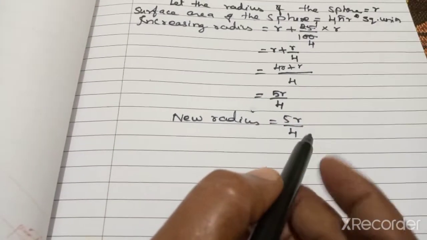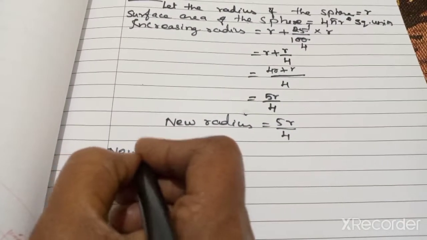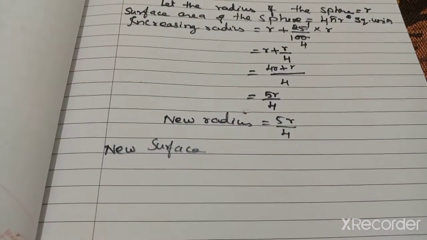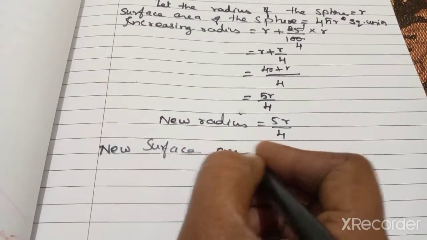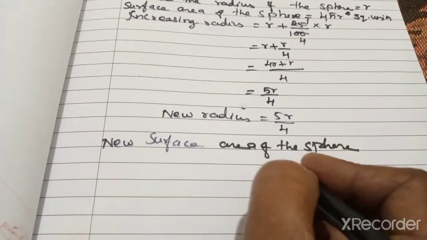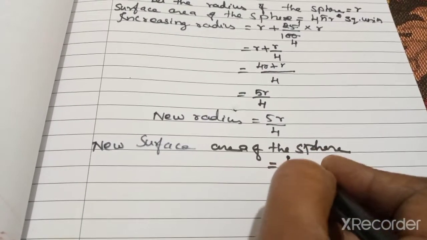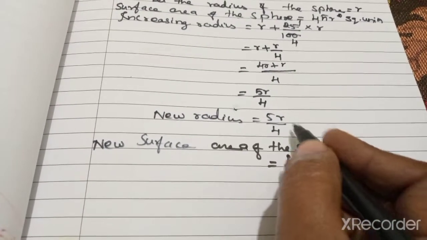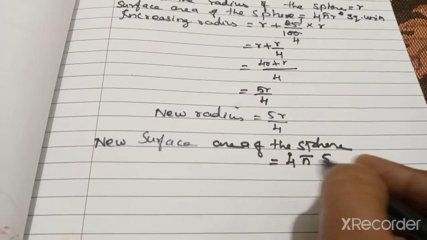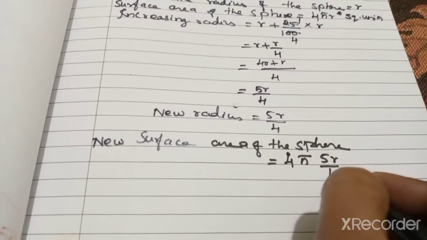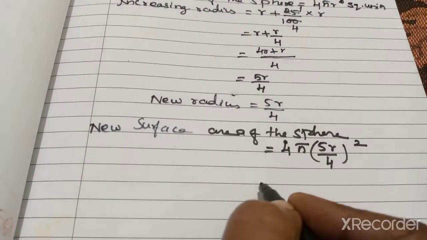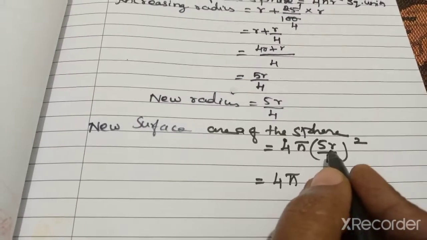So we have to find the new surface area. New surface area of the sphere is equal to 4 pi r square, that is the formula. In place of r we have to give 5r by 4, the whole square. 4 pi r square equals 4 pi into this one squared.